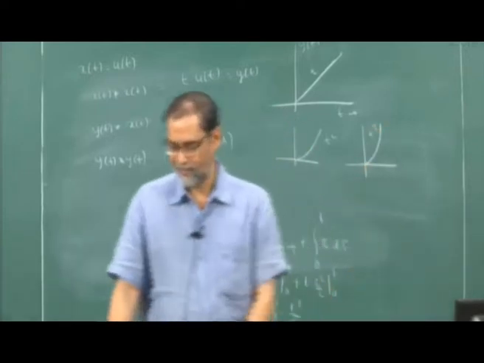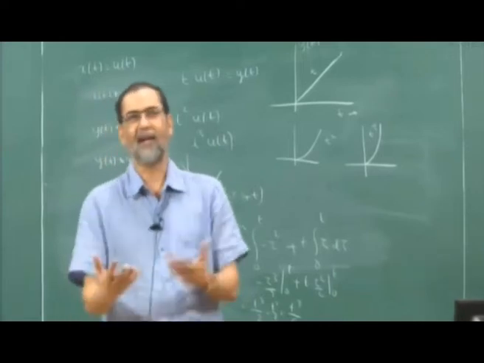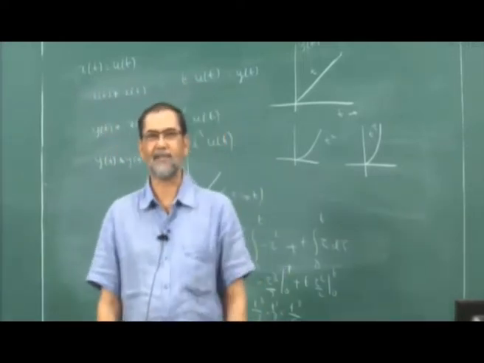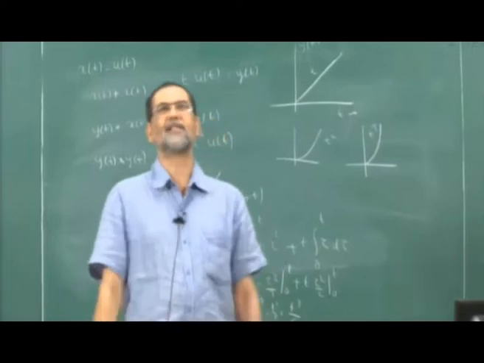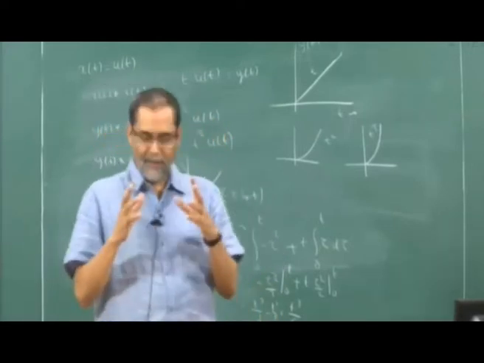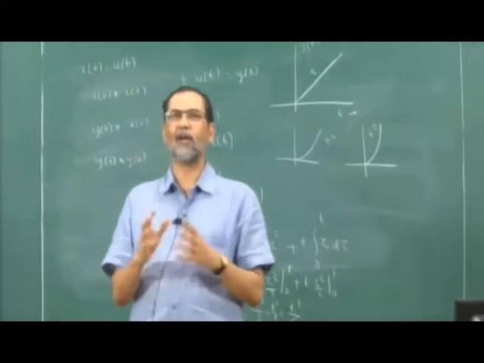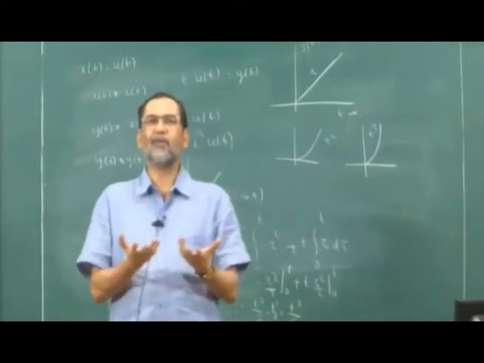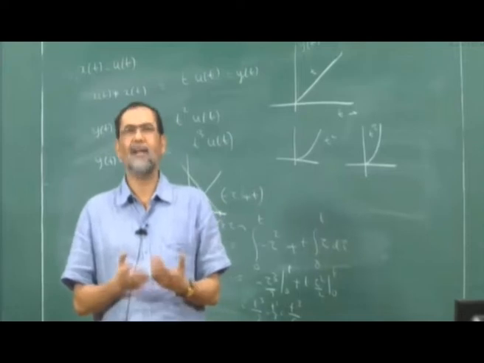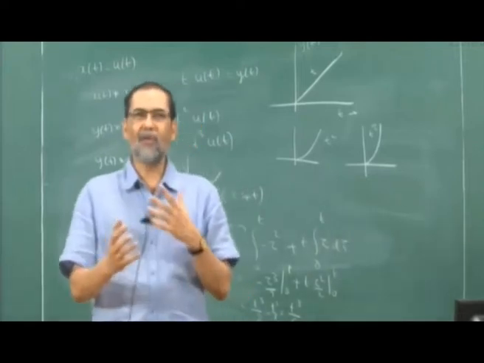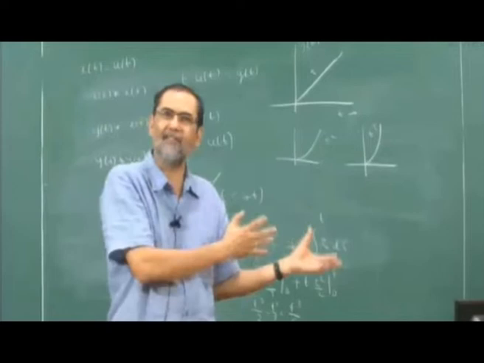It's nice for those people who are interested in maths, but remember we are talking about physical systems here. Please remember that impulse and u of t and complex exponential and all, these are signals we have defined to make our life easier. So remember we use them to represent some physical fact.